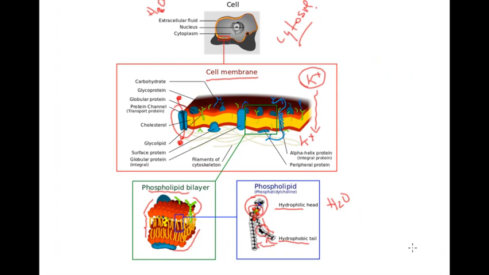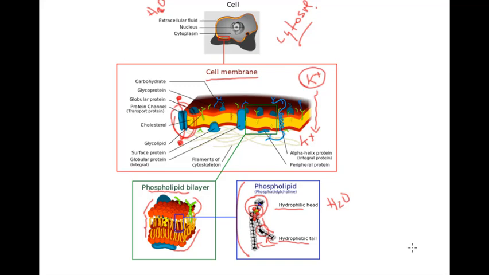So remember this. The cell membrane is way more complex than just the phospholipids. Yes, there are an amazing number of phospholipids in the bilayer, but there are also a lot of other molecules embedded in this membrane, including proteins. Some of them can form channels.